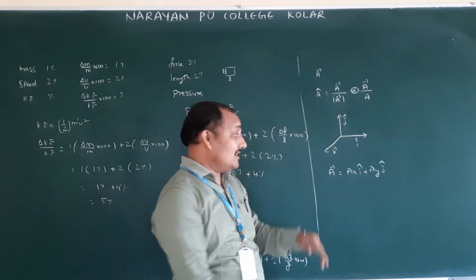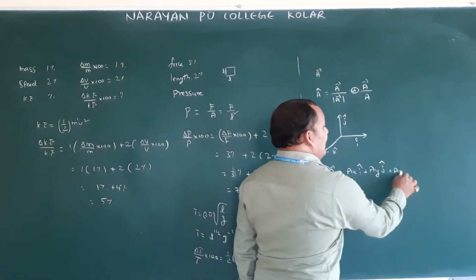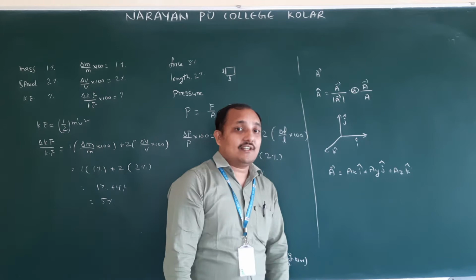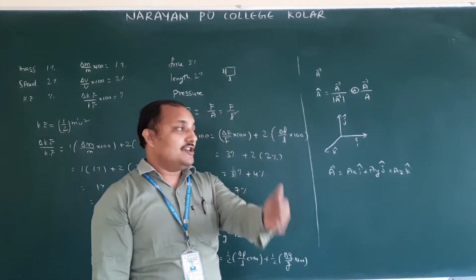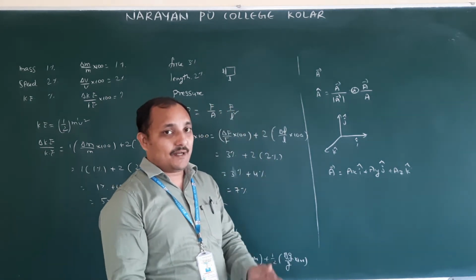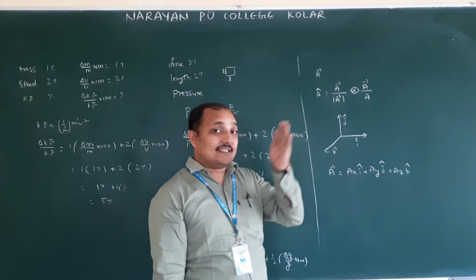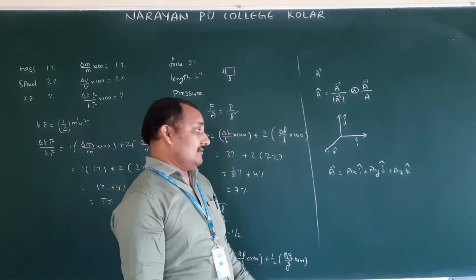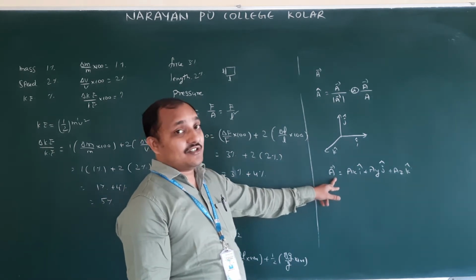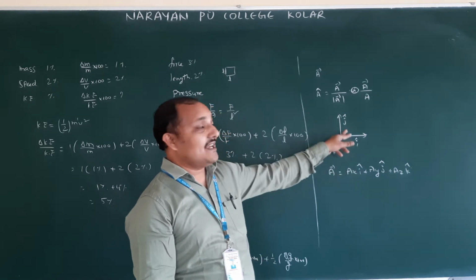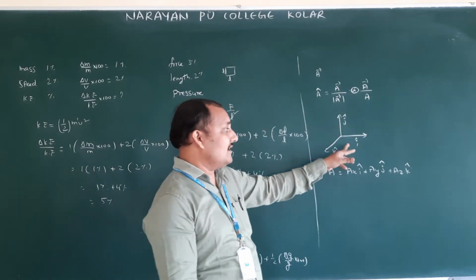If z axis also is there, we will write Az K cap. Okay, so the purpose of unit vector is to convert a scalar into vector. So if you multiply, without changing its value, without changing its magnitude, a scalar is going to become vector. So this is the representation of vector in terms of unit vectors, along x axis, y axis, and z axis.